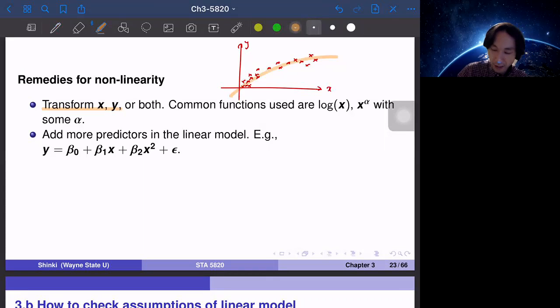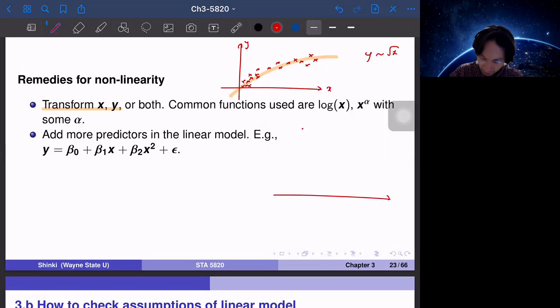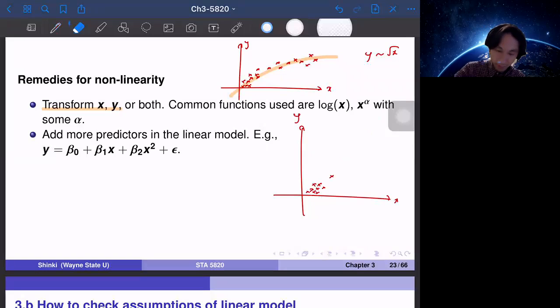So probably I would say Y on square root of X, or something like that. Maybe a more typical case is the other way around, like this, maybe a little clearer.